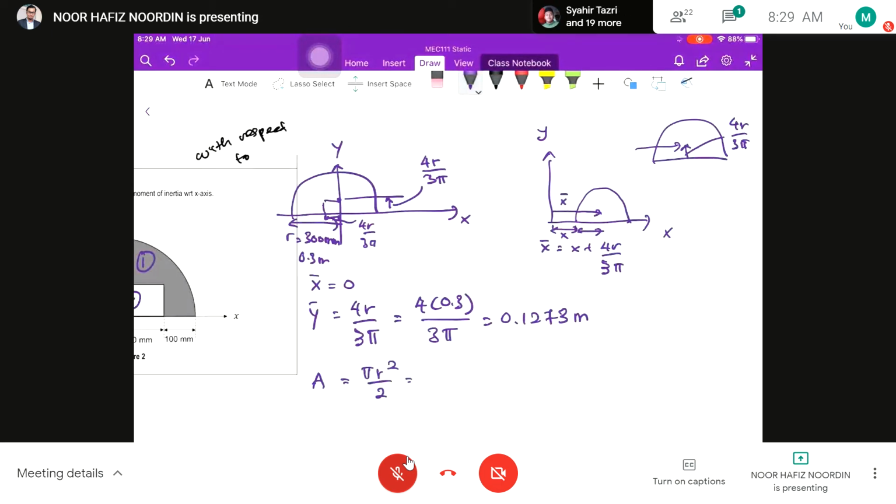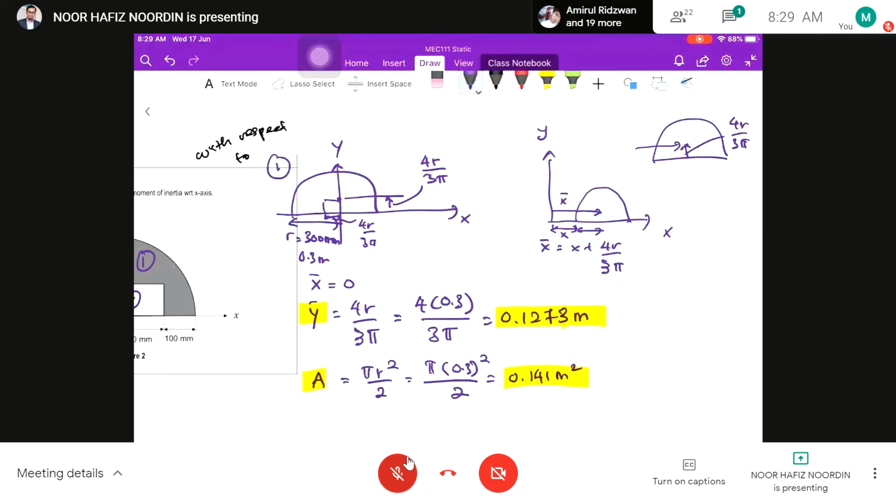Why divided by 2? Because semicircle. Pi times 0.3 to the power of 2 divided by 2. Kita akan dapat 0.141 meter squared. Alright. So this is the value of y bar and area for shape number 1.